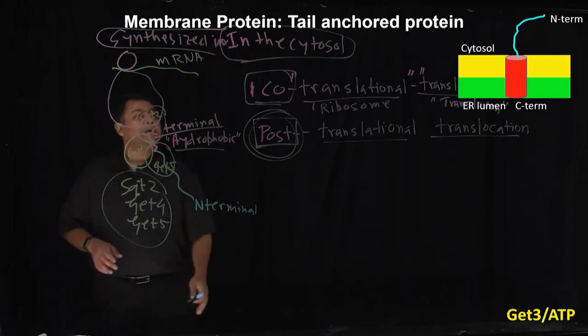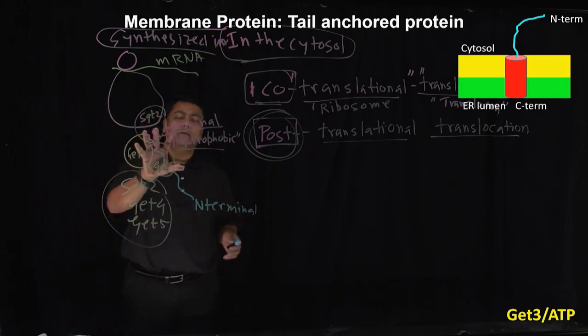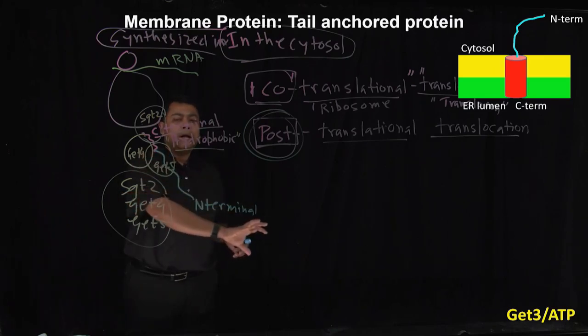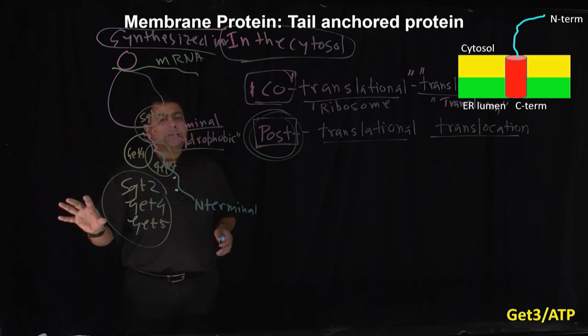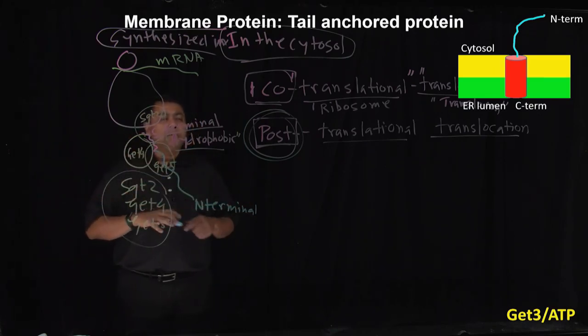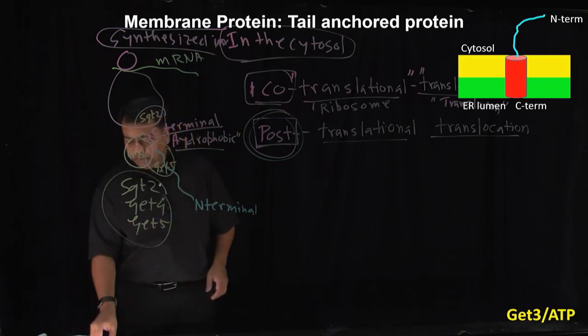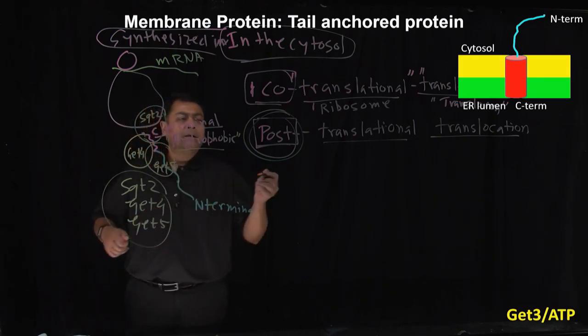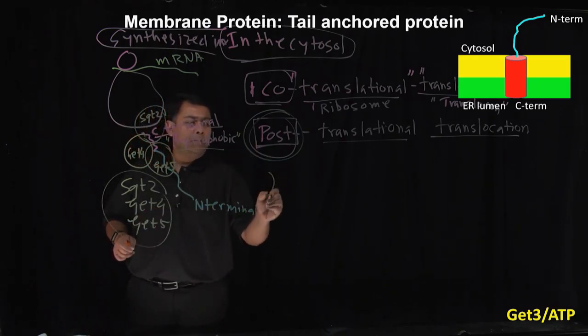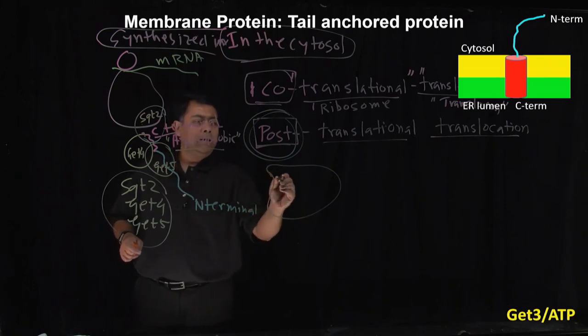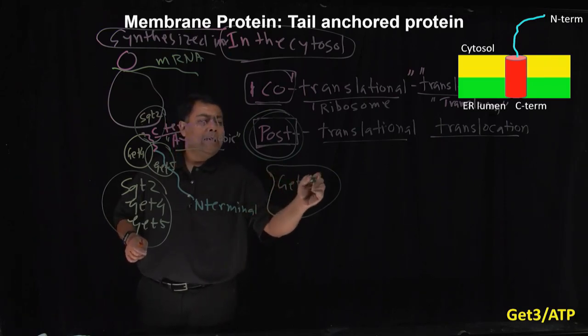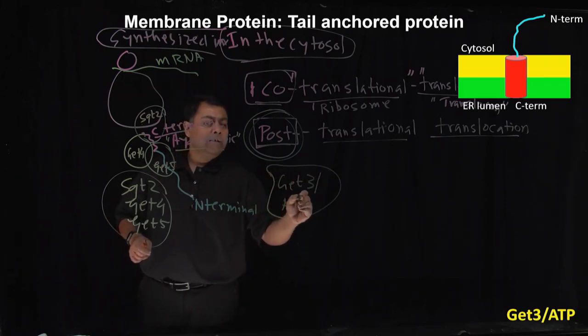Now the transport protein comes in, which will take this protein to the ER membrane, and it is not SRP, it is a different molecule. This molecule is known as the GET3 complex, and it works with ATP.